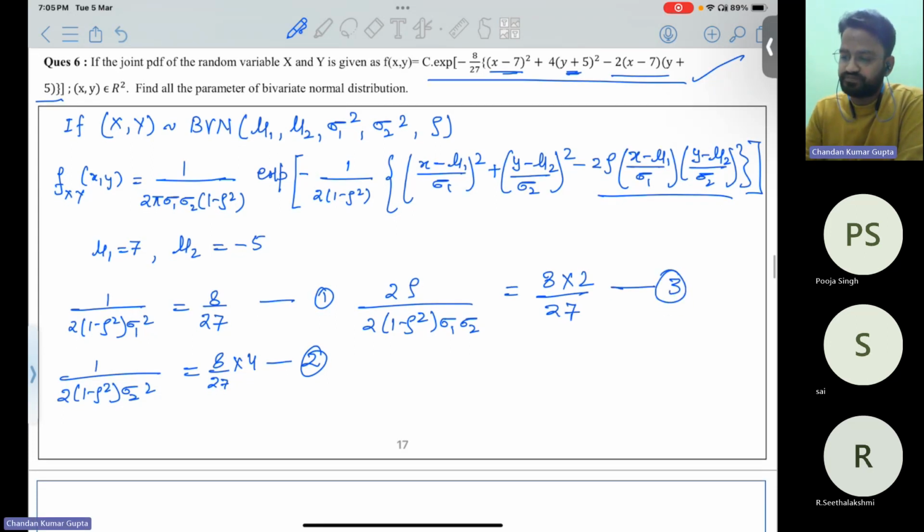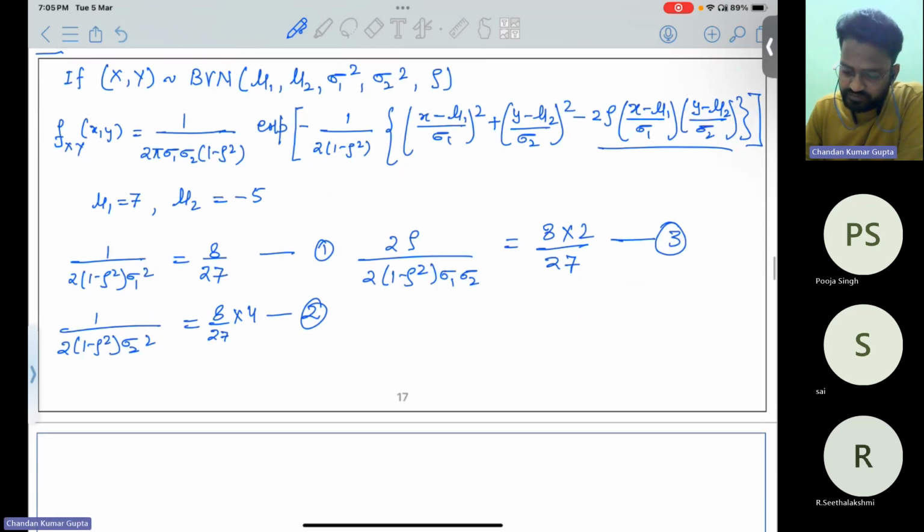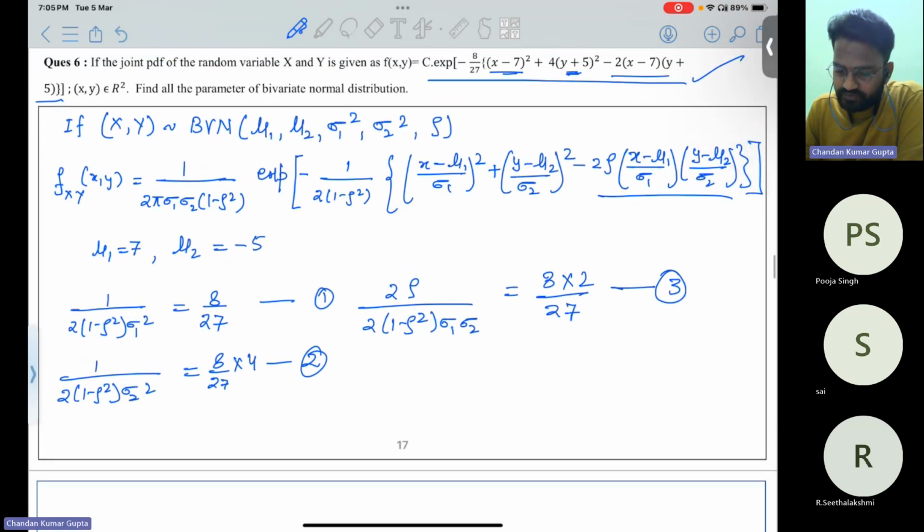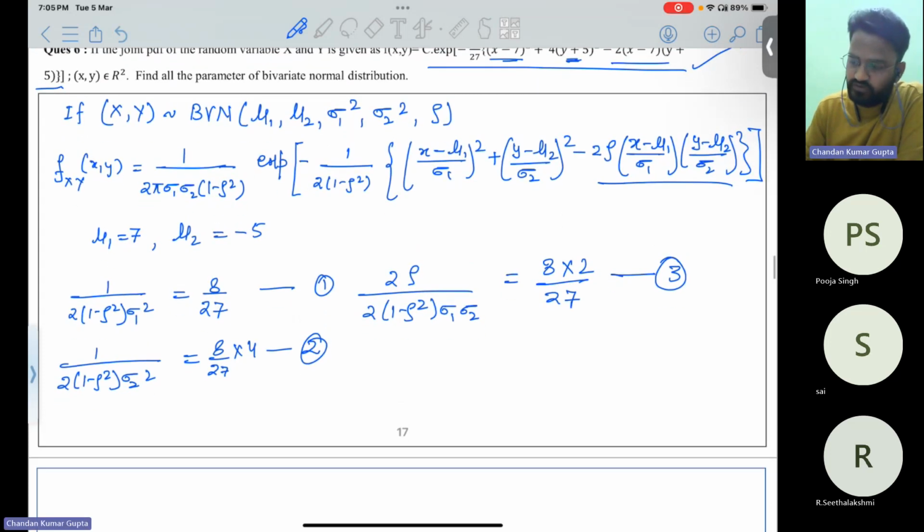Now from these three equations, we need to calculate sigma 1 square, sigma 2 square and rho.